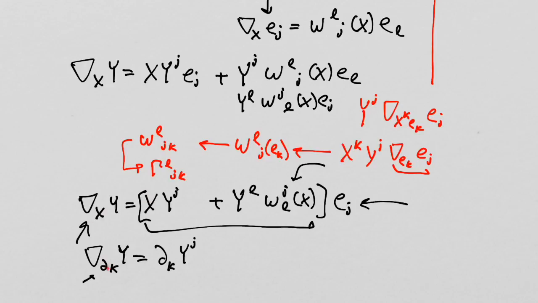That's just making the substitution of the coordinate basis, which is now this derivative operation, this is the differential operator, plus Y^L omega^J_L partial_k, like that.